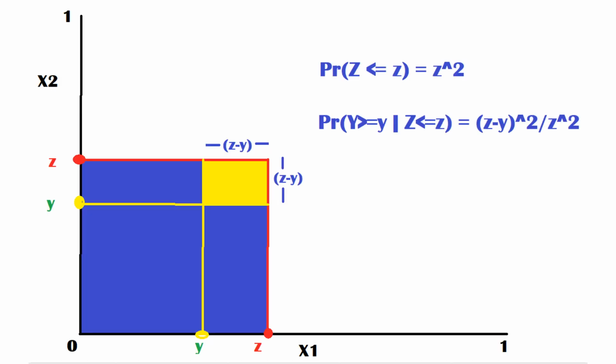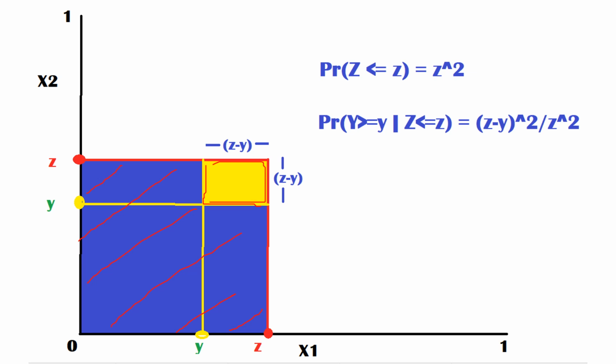If you recall this initial figure which we had, the area which we are talking about for the joint PDF would be the area of this blue region. That's because from the total area z square, we have to subtract the area where y is exceeding y, which is this yellow square.